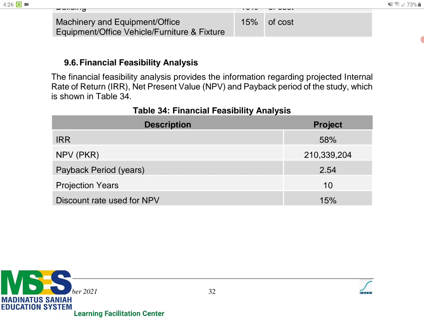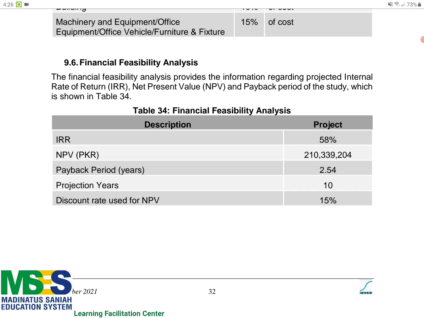They've given their payback period as well. How many years will you get your money back? 2.54 years, 2.5 years, if you are running your business at full capacity.